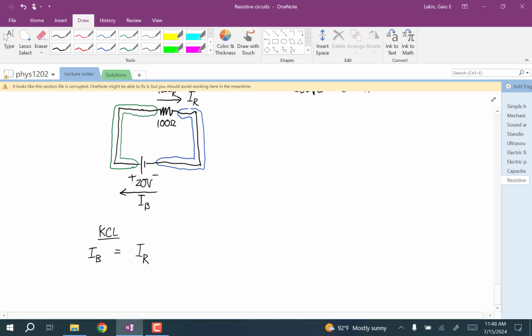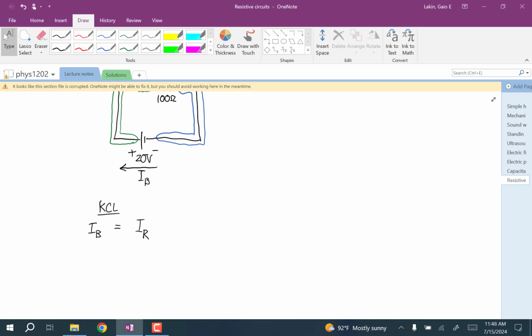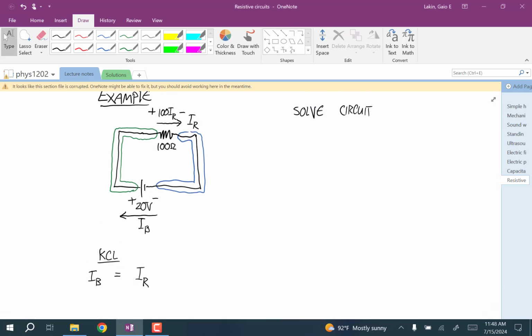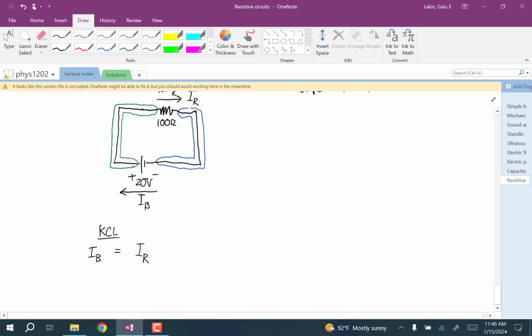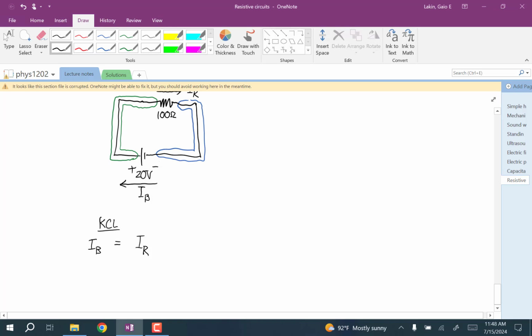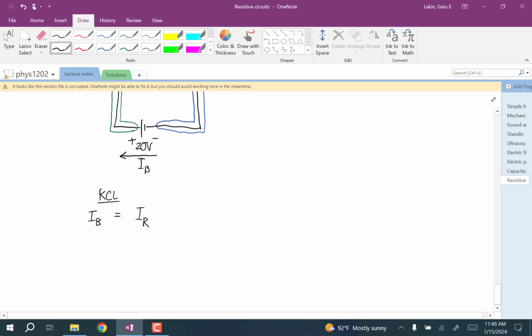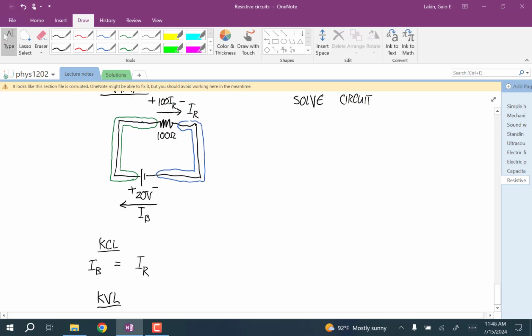And now you can look and see if we can solve this yet. We know those currents are the same, but we don't have a way to calculate either one of the currents. So we're going to need one more equation from Kirchhoff's voltage law. And that says add up all the voltage rises, and those have to equal all the voltage drops.